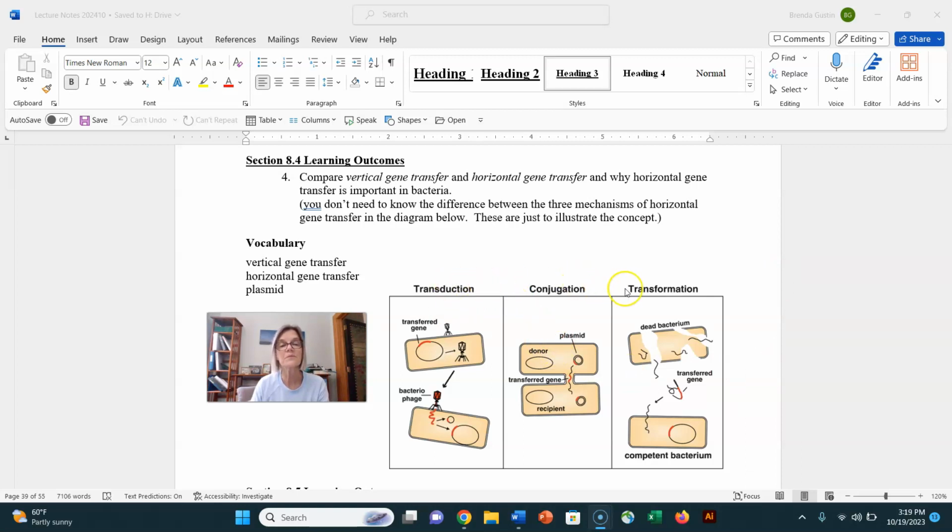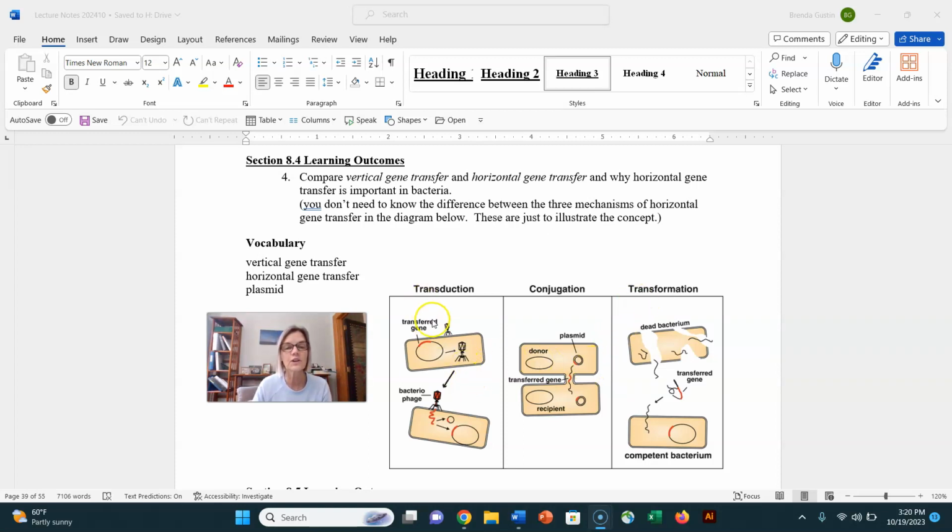And right here are the three main ways that bacteria can acquire genes. Transduction, conjugation, transformation. You do not need to know the difference among these three. If you took cell biology or genetics, a more advanced course, you probably would learn that. But in our course, I really just want you to understand that bacteria can acquire new genes from places other than their parents.